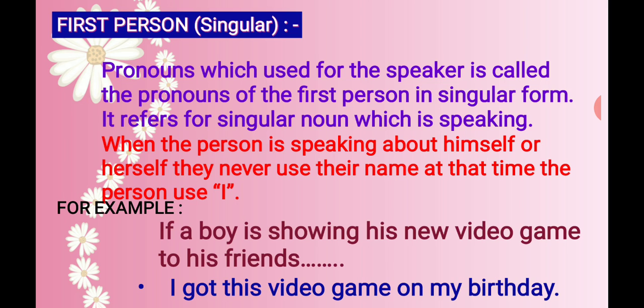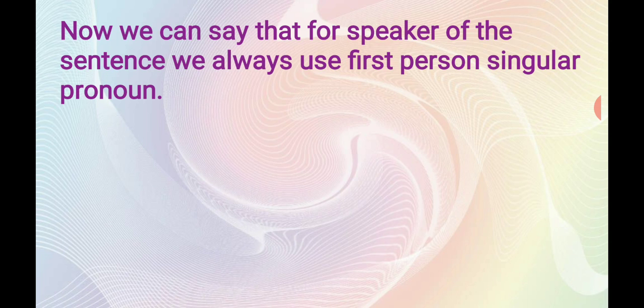So now we understand that we are talking about ourselves. Whenever we are talking about ourselves, we never use our name. Instead of our name, we use I. And I is the first person singular form. Now we can say that for the speaker of the sentence, we always use the first person singular pronoun.